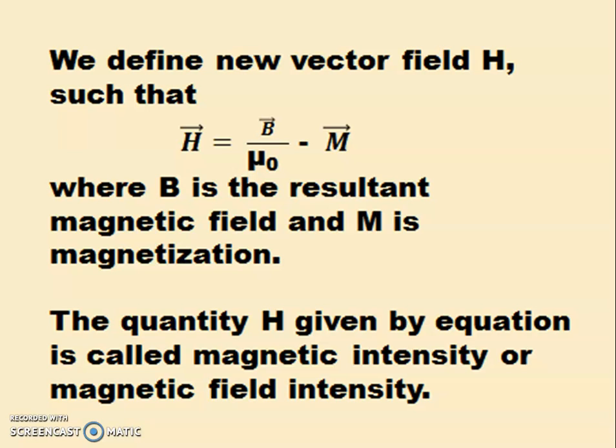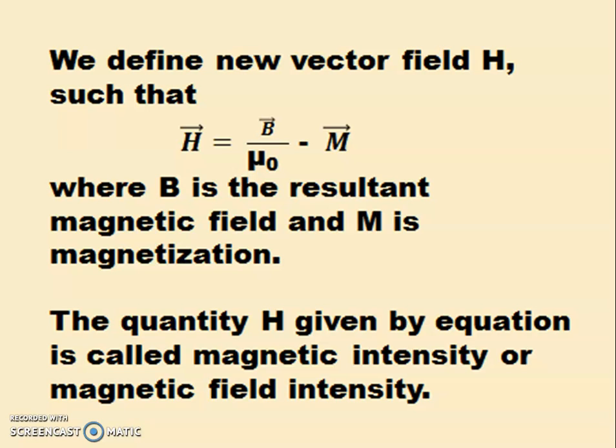We define a new vector field H such that vector H is equal to vector B divided by mu 0 minus vector M, where B is the resultant magnetic field and M is magnetization.